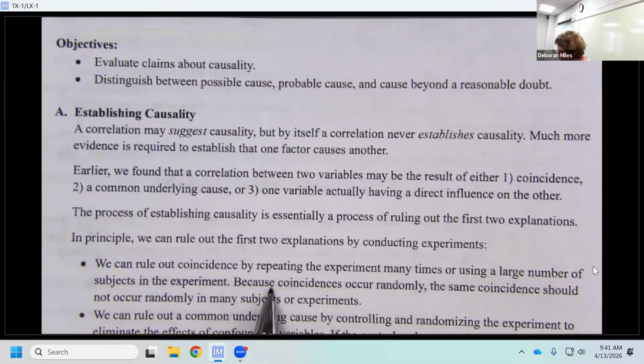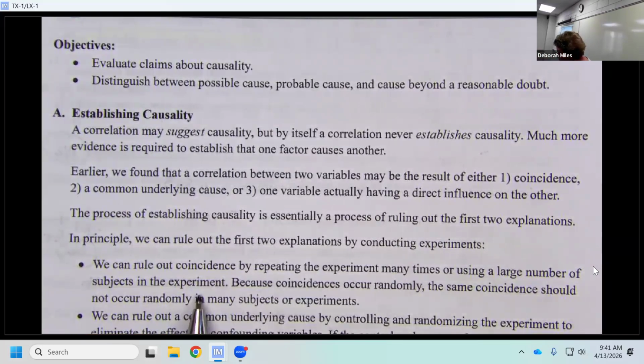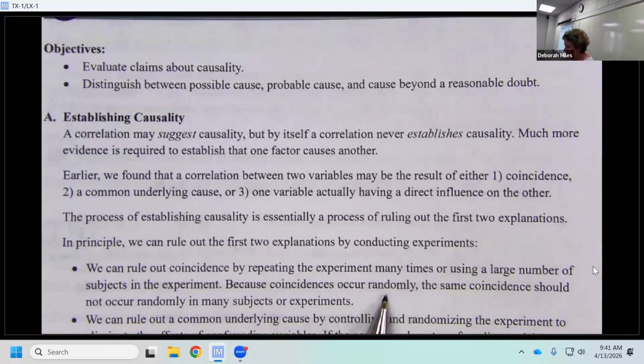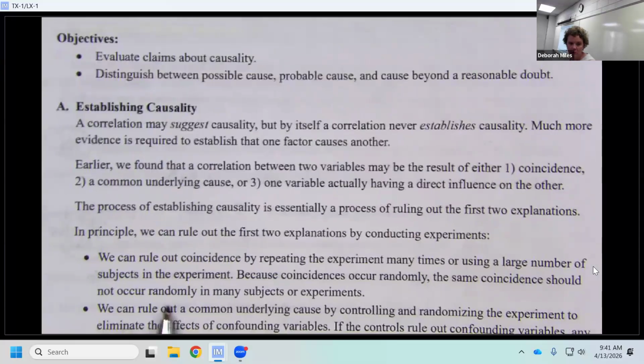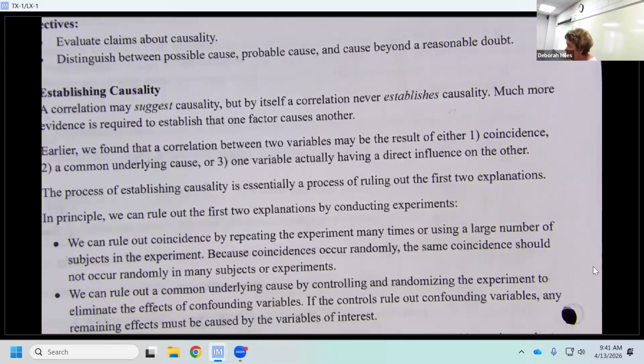We can rule out coincidence by repeating the experiment many times or using a large number of subjects. Because coincidences occur randomly, the same coincidence wouldn't occur randomly if you did the experiment a bazillion times. So not so hard to rule out coincidence.